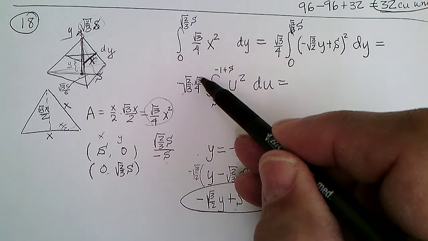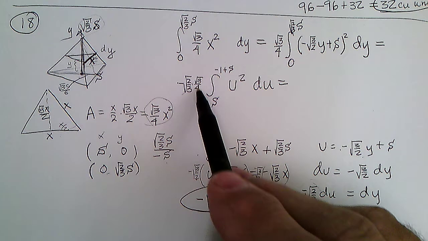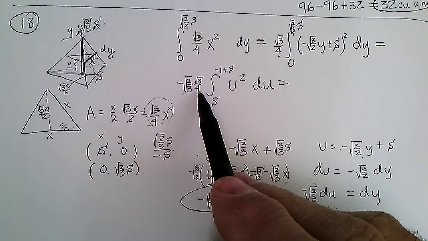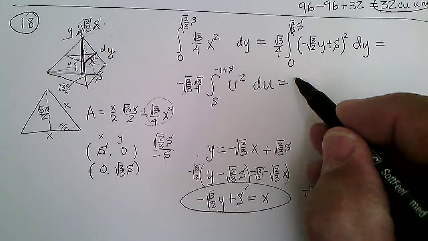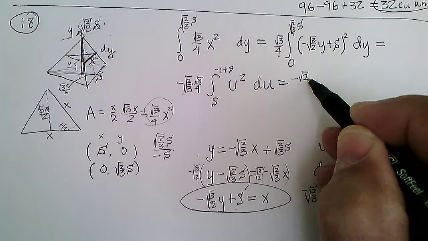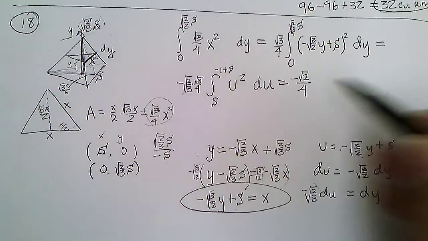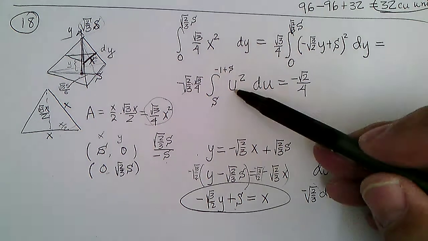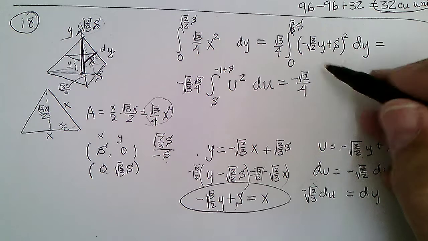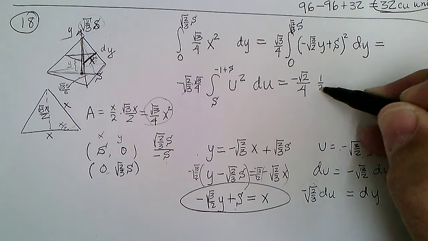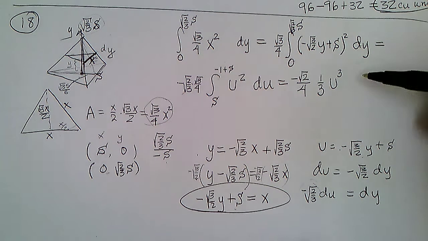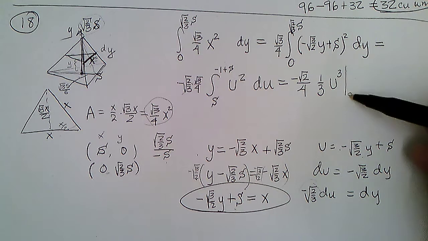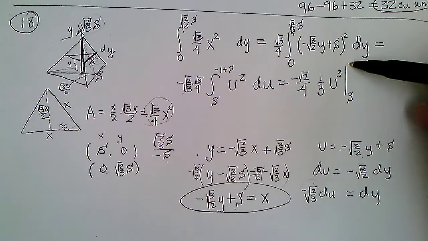The square roots of 3 cancel, and I get the square root of 2 over 4. 4 is not in the square root, the 2 is, so that's negative square root of 2 over 4, and the integral of u squared is 1/3 u to the third. And I'm going to evaluate that from s to minus 1 plus s.